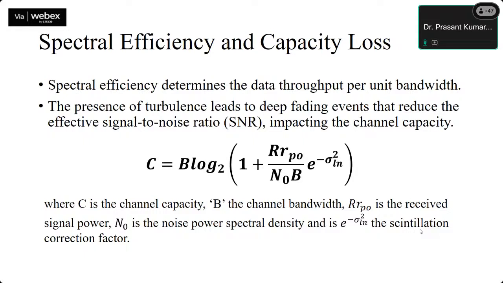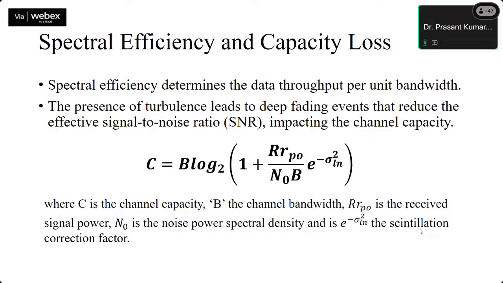Here I replace the SNR by this expression, that is R into RP0 by N0B times e to the power minus sigma square Ln. So here C is the channel capacity, B is the channel bandwidth, RP0 is the received signal power, N0 is the noise power spectral density, and sigma square Ln, what you see, is the scintillation correction factor. So this basically governs your signal to noise ratio.